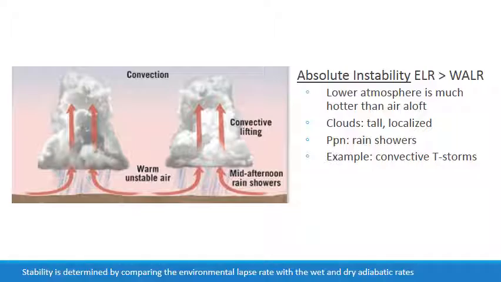So we see a lower atmosphere that's very hot, warm, right? And tall clouds make more intense rain showers. So we expect to see the convective showers show up in the afternoons under these absolute instability situations.